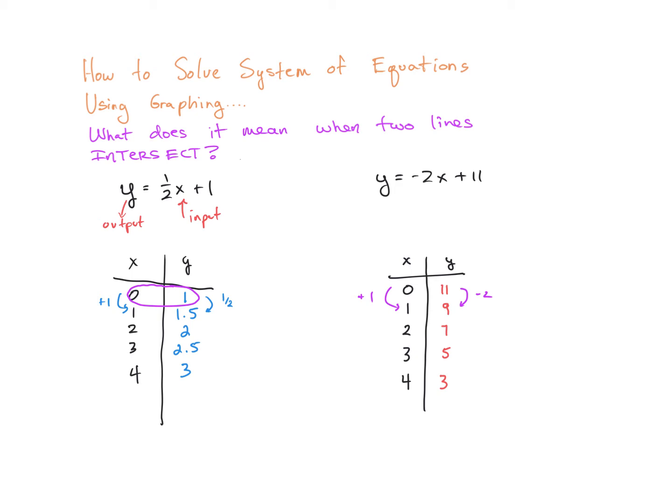But the connection pops out when we see this. Wait a second. When our x is 4, our output is 3 for both functions. There is a point at which each function has the same output when the same input is put in, 4 and 3.